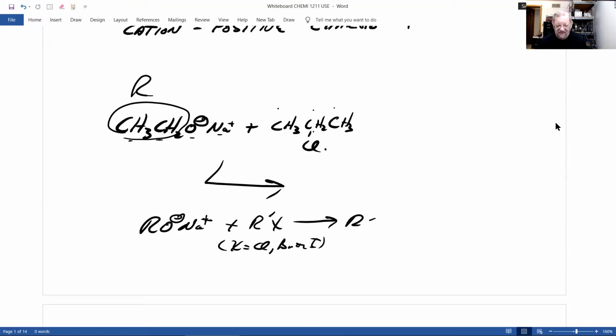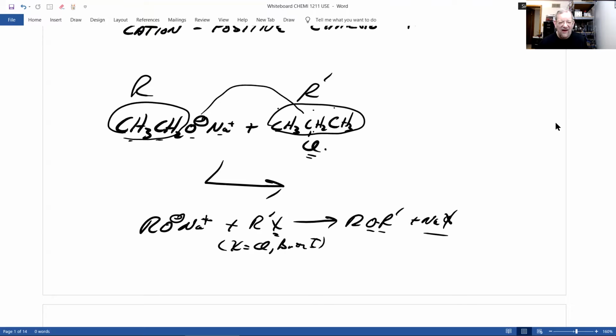And what do you get? You get an ether plus a salt, but, oops, I'm getting ahead of myself, but you don't have to put that down because I'm only asking, give the organic product or products, and sodium halide is inorganic. So this is my R prime. Remember, the carbon with the halogen is the carbon this oxygen is bonded to.